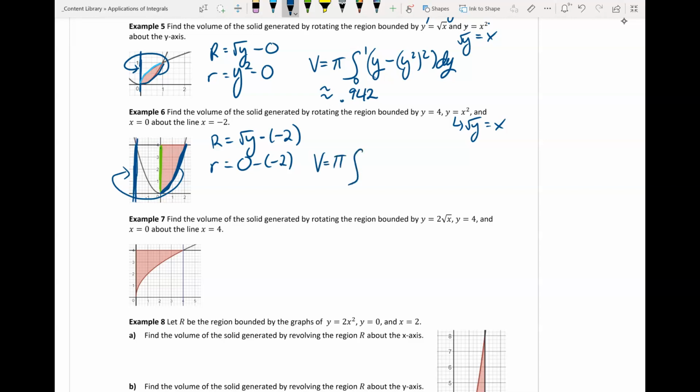Put into the formula, our bounds are the smallest y value and the largest y value. Big R squared is root y plus 2. Small r is 2, and I'm going to square that, and dy. Put this into our online calculator. You should get 92.153.